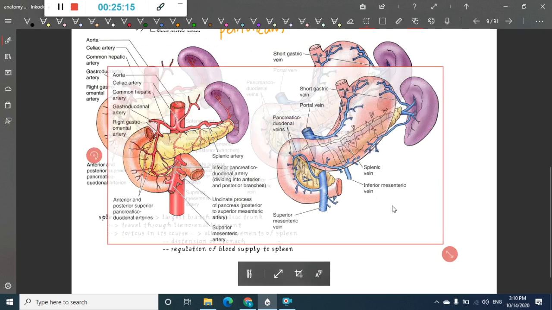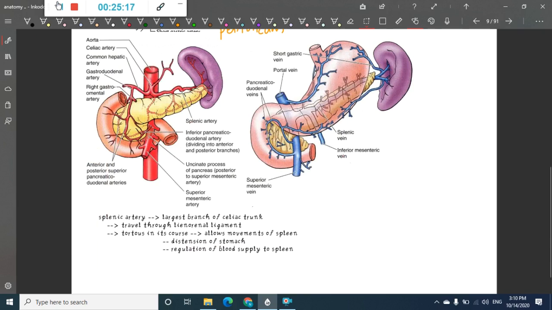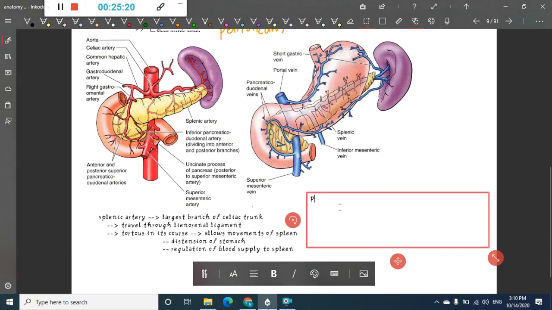That is about splenic artery, which is the arterial supply. Then venous drainage is by the splenic vein. Splenic vein drains the blood from the spleen.